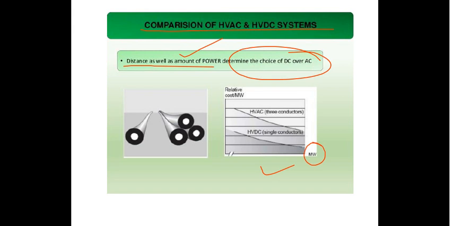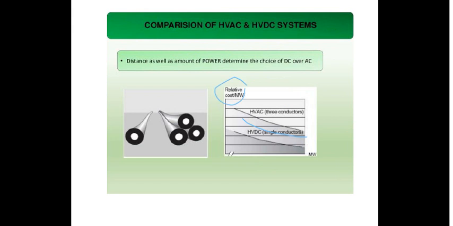A single conductor HVDC system will always be beneficial compared to a three conductor HVAC system, and sometimes you may have a bipolar link, wherein you will have two conductors. That time also this line may come somewhere here. So your HVDC system is definitely more cost effective in terms of cost per megawatt in comparison with the HVAC system.